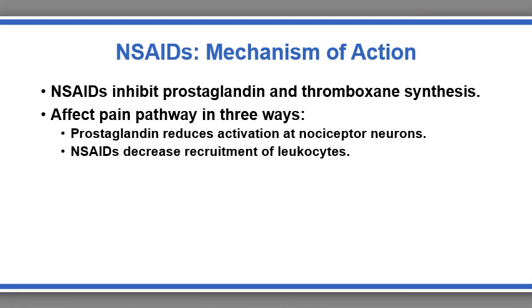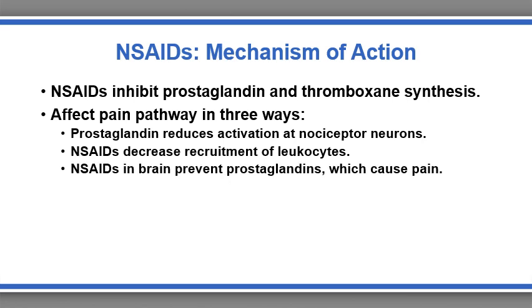They decrease the recruitment of leukocytes, so again, impairing that aspect of the inflammatory process. If you're reducing the recruitment of leukocytes, the production of a lot of those leukocyte-derived inflammatory mediators is also going to decrease.